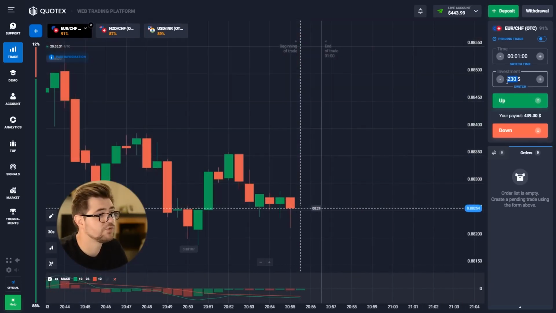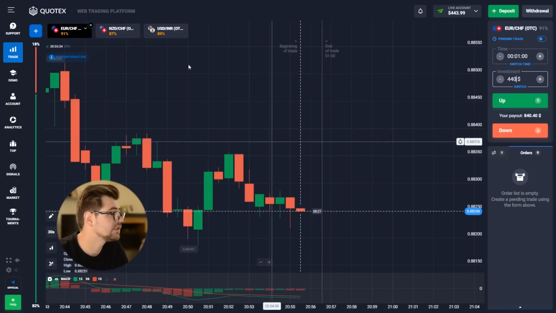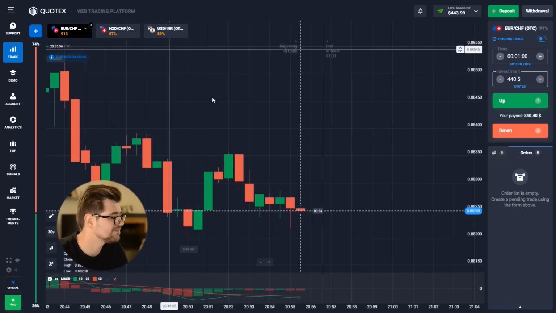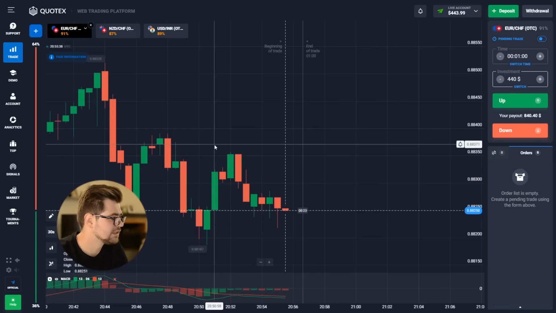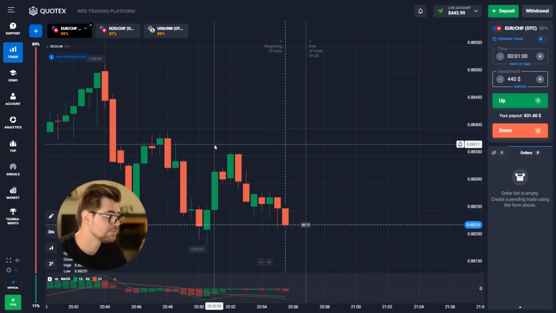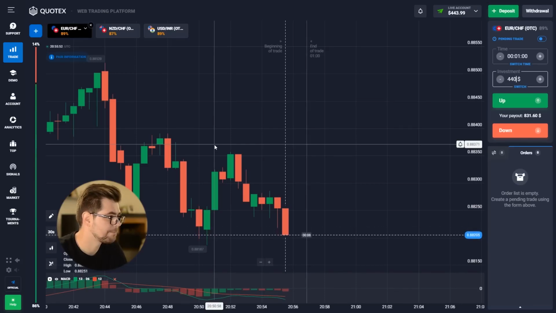So we're gonna put 440, and I want to go to probably a different currency because this is pretty tricky. Otherwise we wait for the green line to start crossing. Oh, it just dropped. So maybe that's where it will start going up.